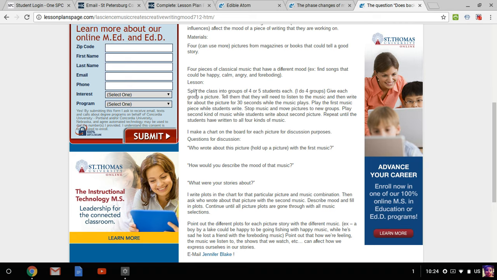So for the instructions here, we'll make groups, 4 or 5 students each, and we'll give each group a picture. And then we will give them a certain type of music to listen to while they're writing for 30 seconds about the picture, details, a story, anything they want to write about the picture. But they're going to have to listen to a certain type of music. And we're going to keep doing this until everybody listens to every type of song with every type of picture.